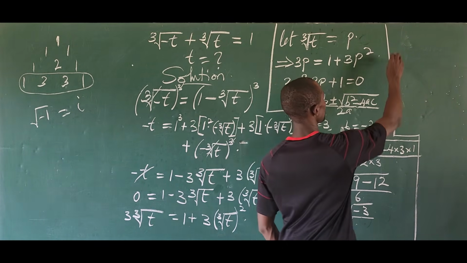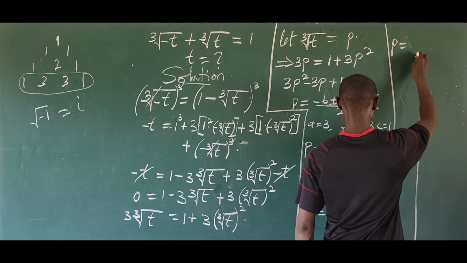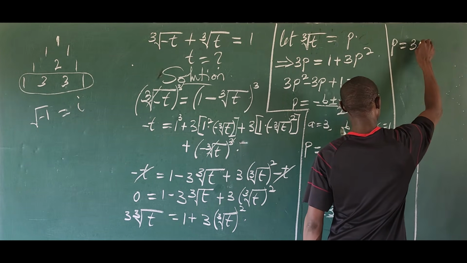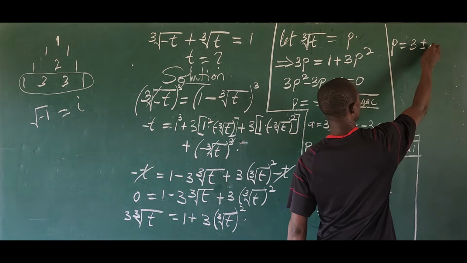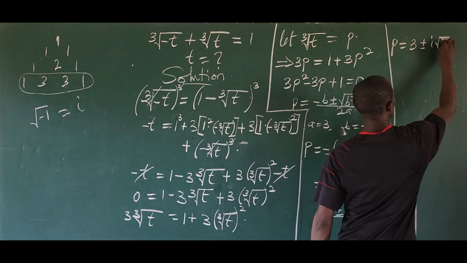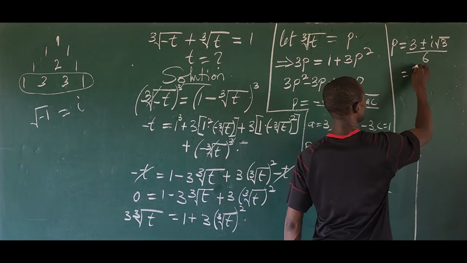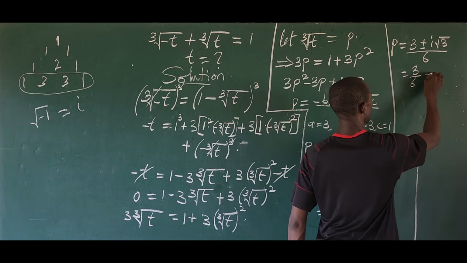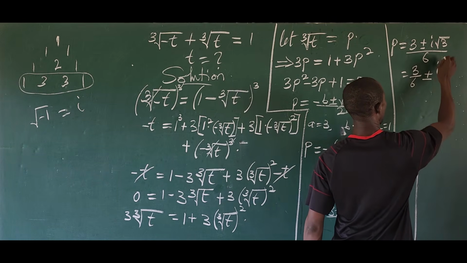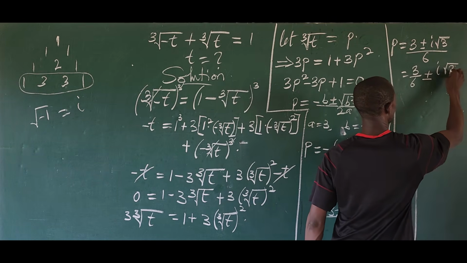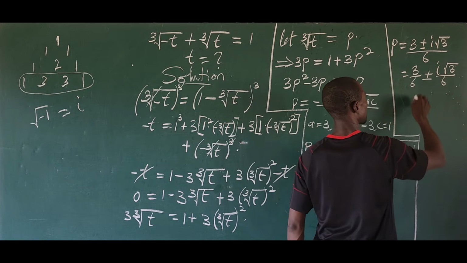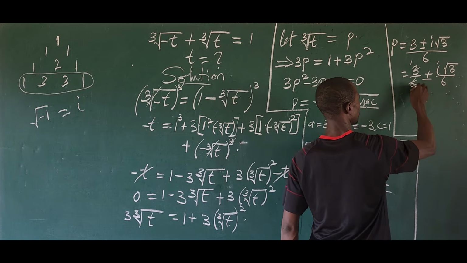This will give us p equal to 3 plus or minus iota root 3 all over 6. Simplifying down, this will give us 3 over 6 plus or minus iota root 3 over 6.